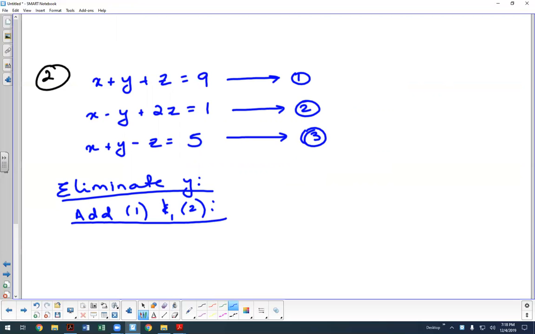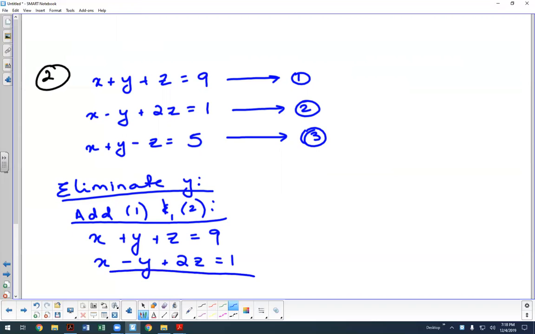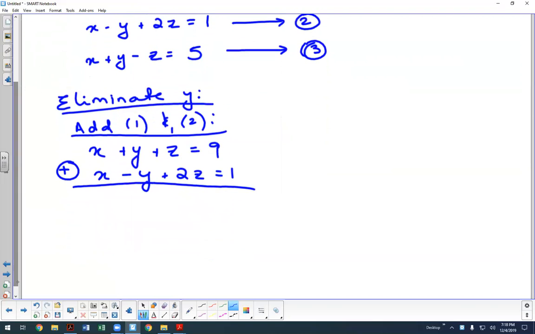By adding equations 1 and 2, I automatically get rid of y because they have opposite signs, so y cancels out. You're left with x plus x, which is 2x, 2z plus z, which is 3z, and 9 plus 1, which is 10. I have taken 2 equations and boiled them down to one equation with 2 variables. Let's call this equation 4.